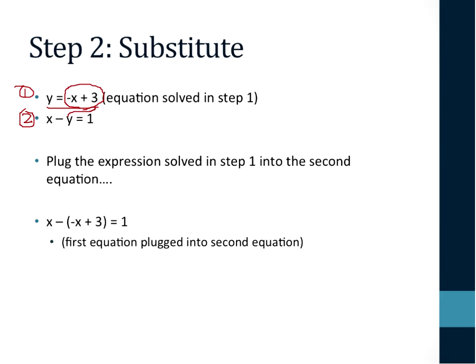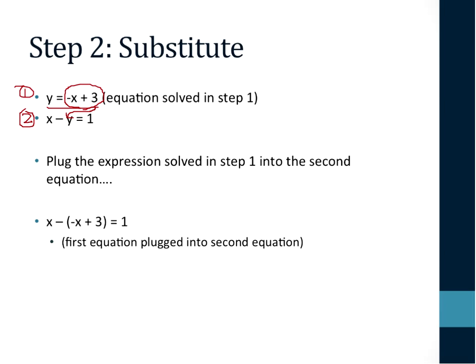I'm going to substitute that in for y in my second equation. And the reason is, if I'm looking for this intersection point, then I know that the y variables have to be the same in both points. I also know that the x variables have to be the same in both equations. So it's not going to matter which variable I solve for because I am looking for this intersection point.